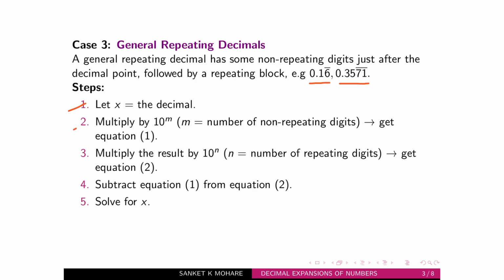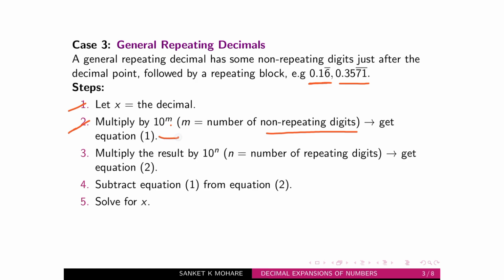Second step, multiply by 10 raised to m, where m is equal to the number of non-repeating digits. So as in this example 0.16 bar, we are assuming x as 0.16 bar and we are multiplying by 10 because here only a single digit is non-repeating. So multiply by 10 raised to m. Here m is the number of non-repeating digits.